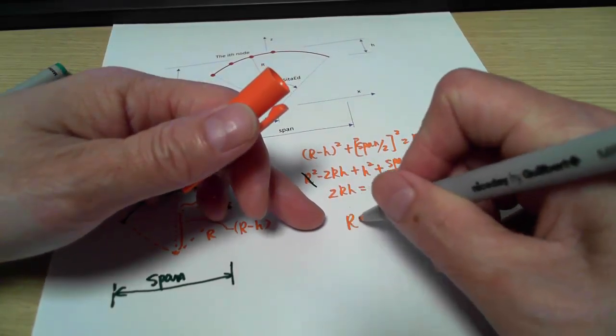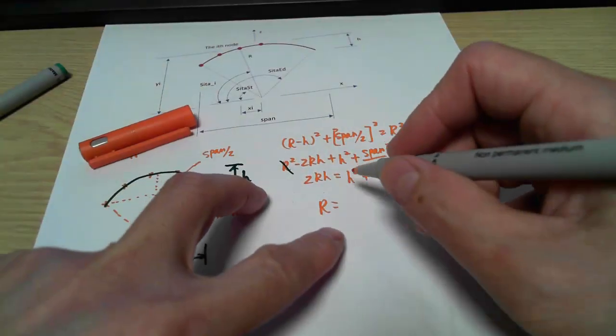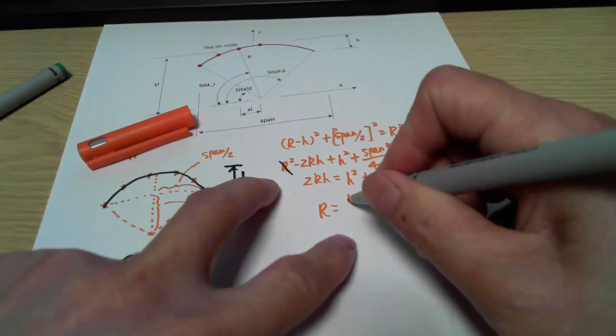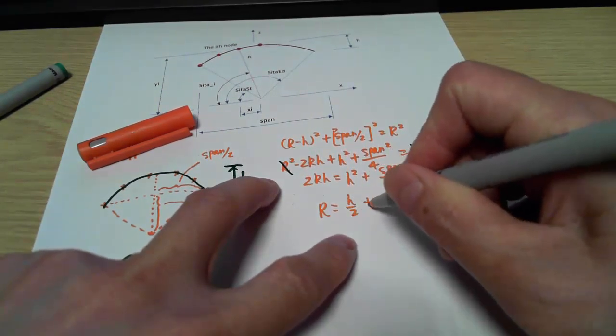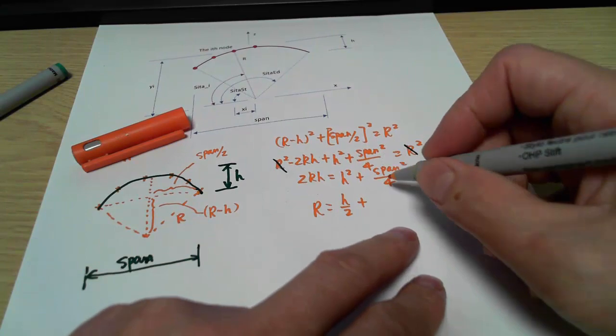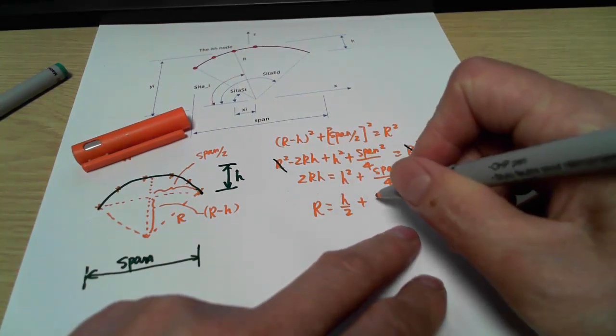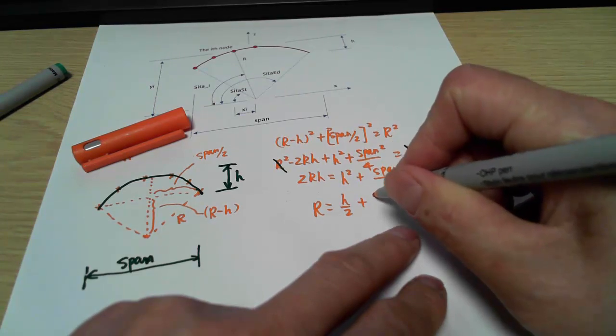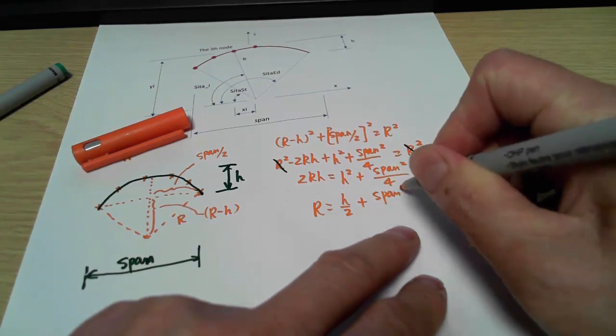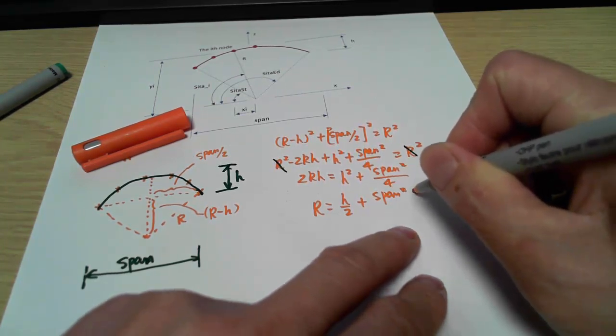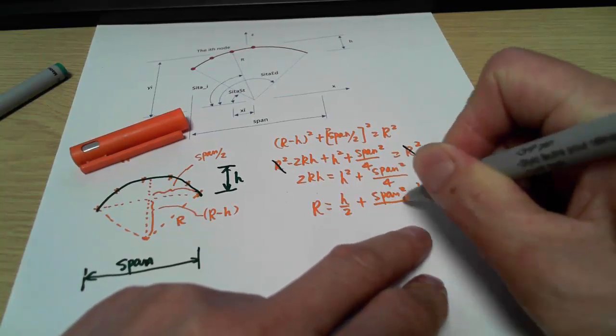The r will equal h over 2 plus span squared divided by 8h.